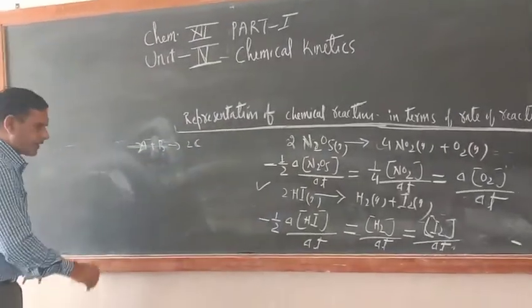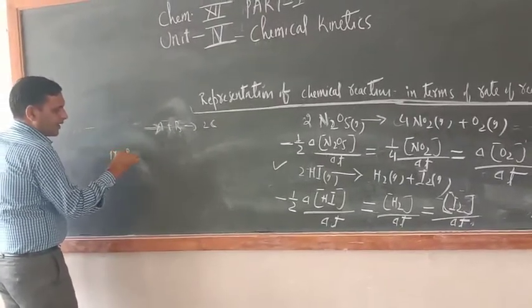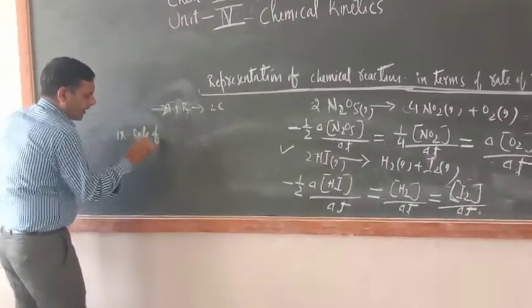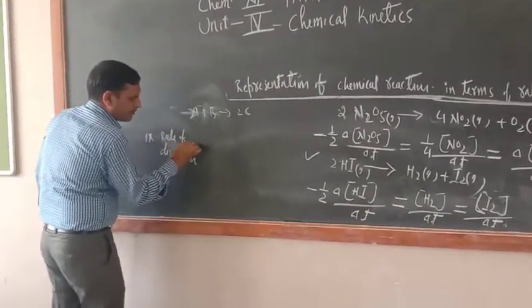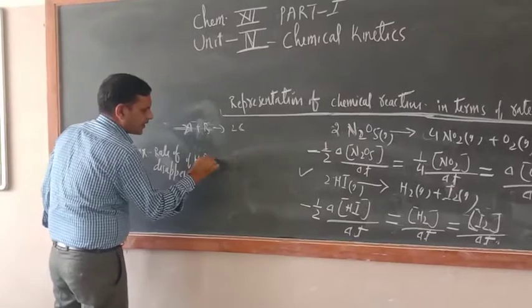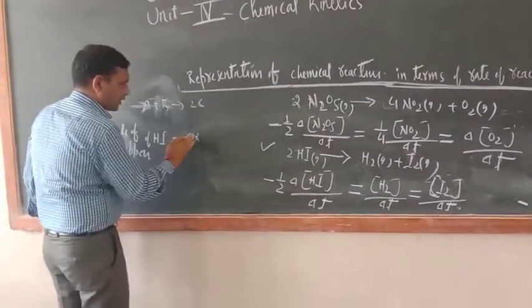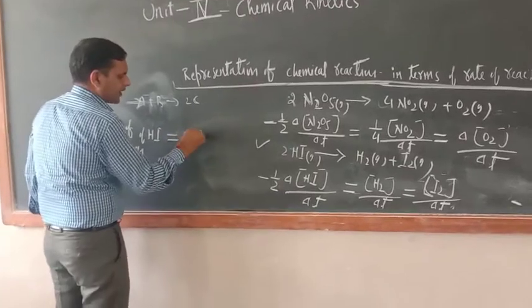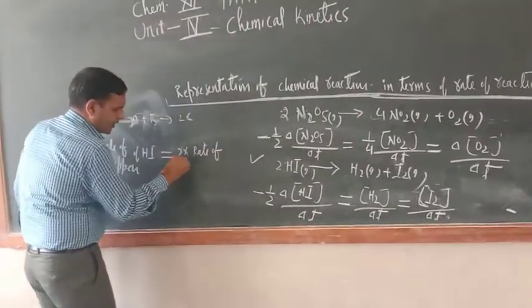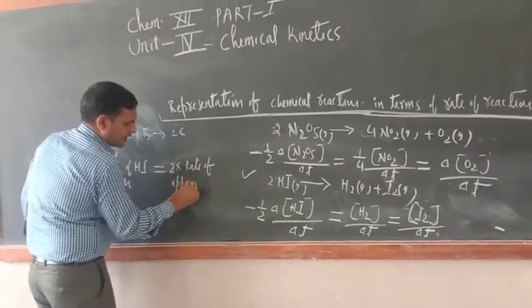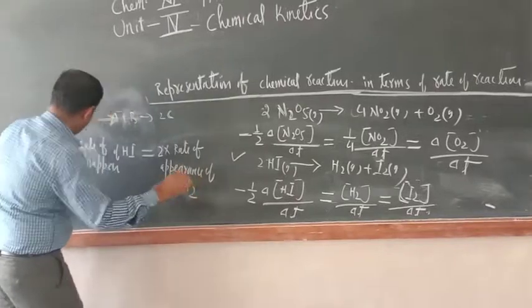Similarly here, 1 into the rate of disappearance of HI equals 2 into the rate of appearance of H2.